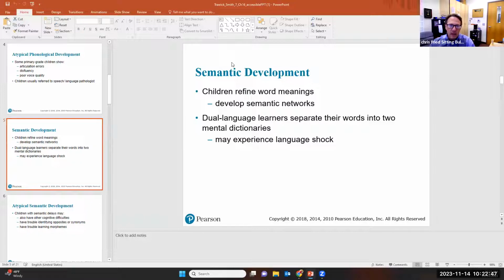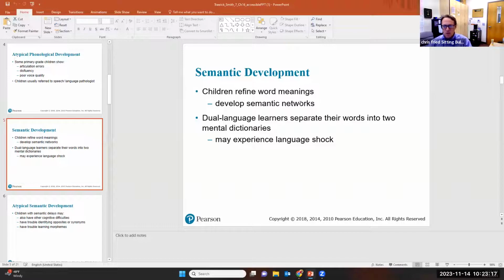Semantic development continues to develop in this age group, where they start to refine word meanings, really understanding what those words mean. So besides just saying them, they know what they are and are able to use that vocabulary very well. Dual language learners separate their words into two mental dictionaries, whatever their primary language and their secondary language.